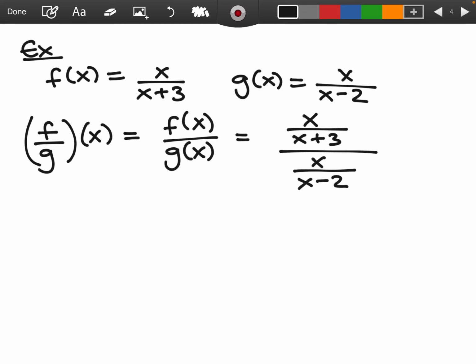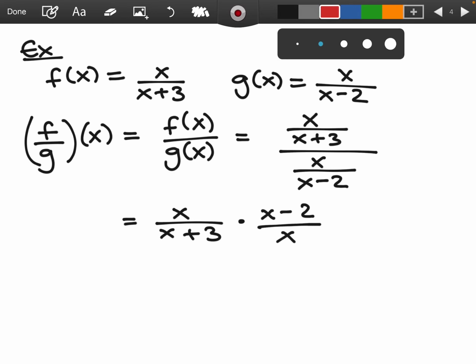Okay? So I have a fraction divided by a fraction. We know that when we divide by a fraction, we can flip the bottom fraction and actually multiply. So this is the same thing as saying x over x plus 3 multiplied by x minus 2 over x. So I've flipped that bottom fraction and I've multiplied.